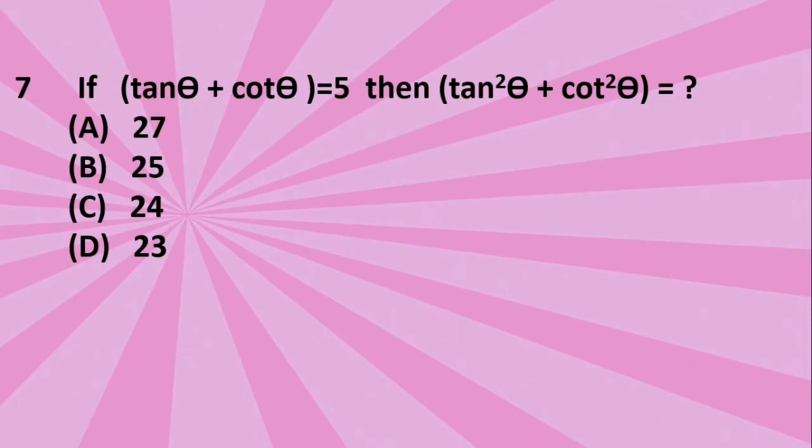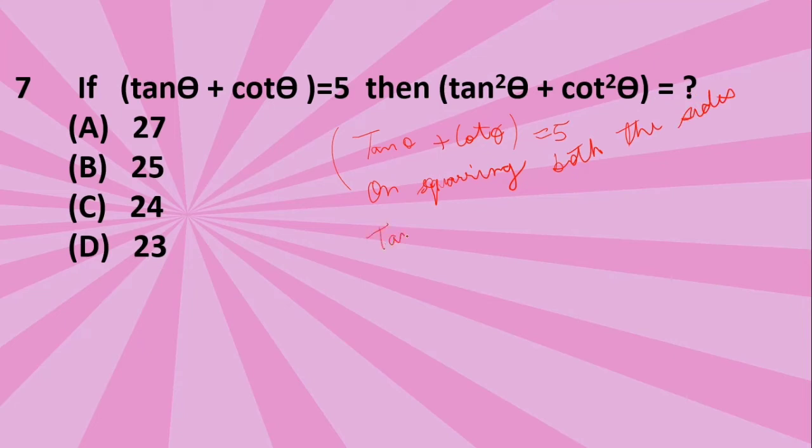Now the seventh question is, if tan theta plus cot theta equals 5. Now we want to find out tan square theta plus cot square theta. Now here square is there, so on squaring both the sides, you will be getting tan theta plus cot theta whole square equals 5 square.